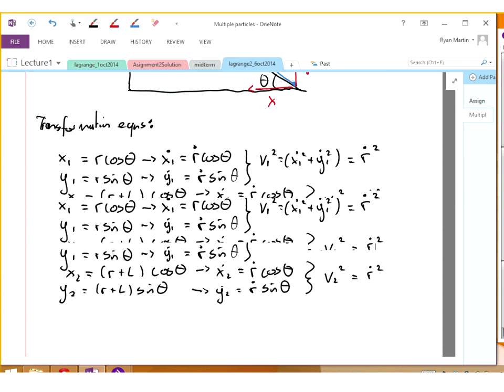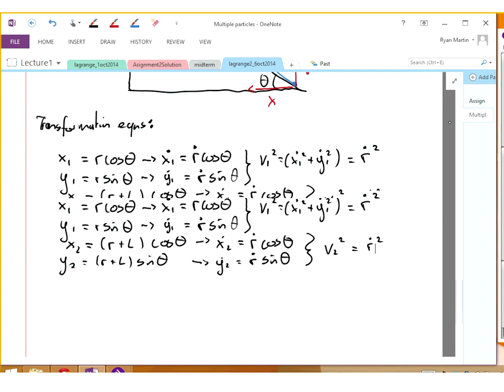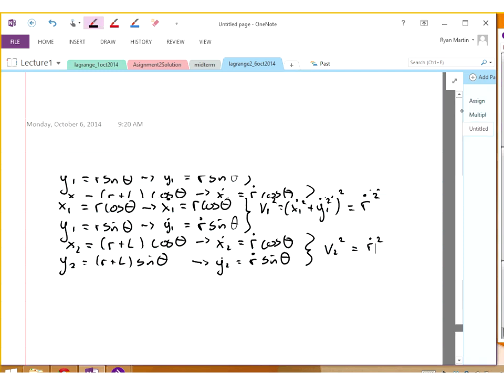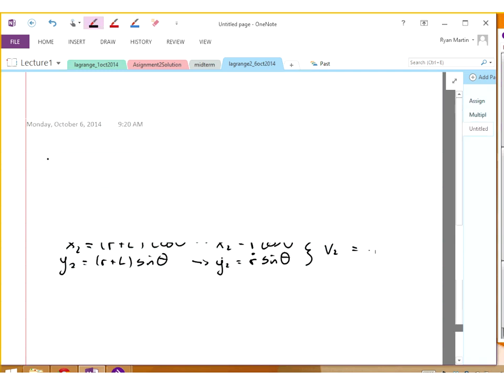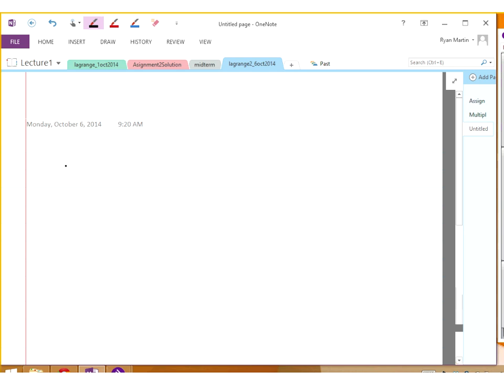So the total kinetic energy of the system, T, is a half m1 v1 squared plus a half m2 v2 squared, and that's equal to a half m1 plus m2 r dot squared, right?